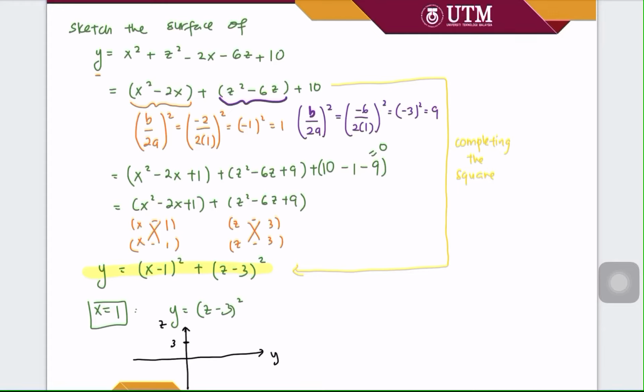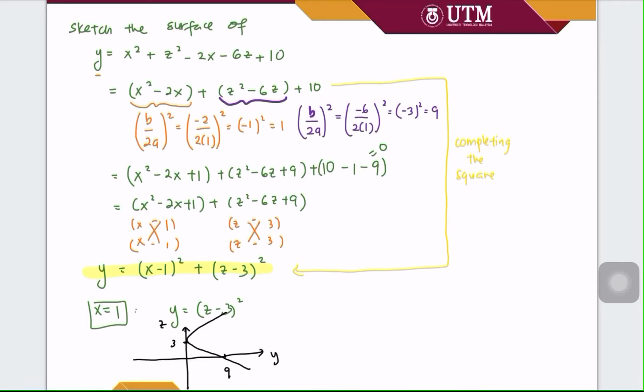If z equal to 3, y will be equal to... you know that this one is a smiling face, but it's open to the right. Here is 1, 3. Here is 9, so it intersects at 9. So you will have this kind of graph.